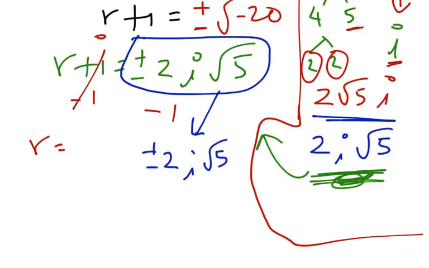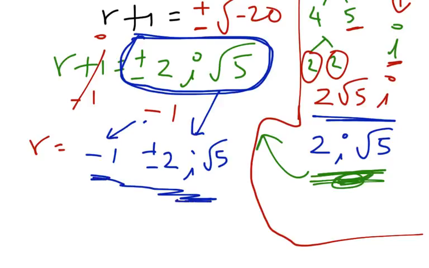Whatever has the plus or minus, I move it to the end, to the right. And this number that I'm subtracting, the negative 1, I put it in the beginning. So I'm going to have r equals negative 1 plus or minus 2i square root of 5.